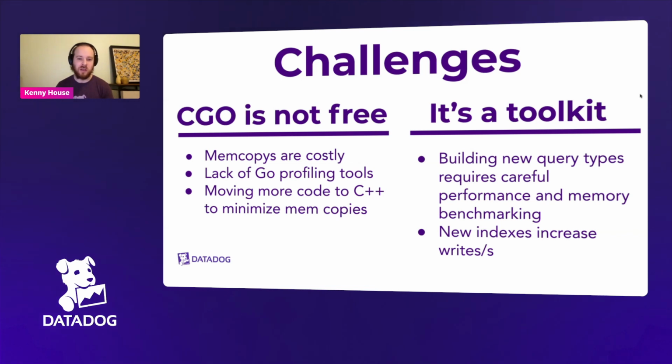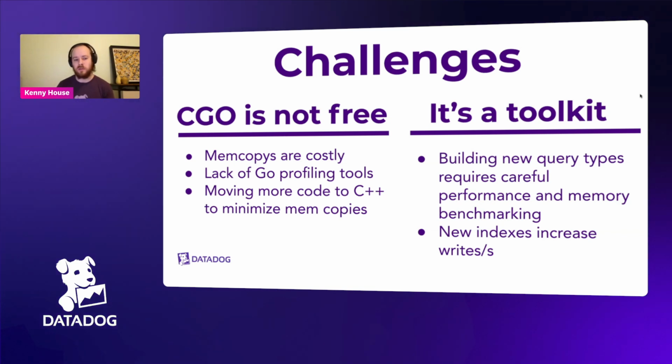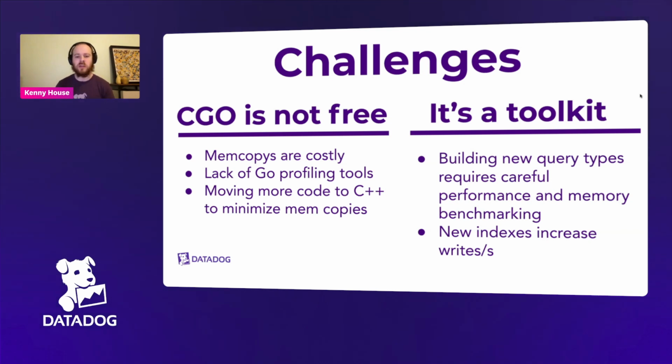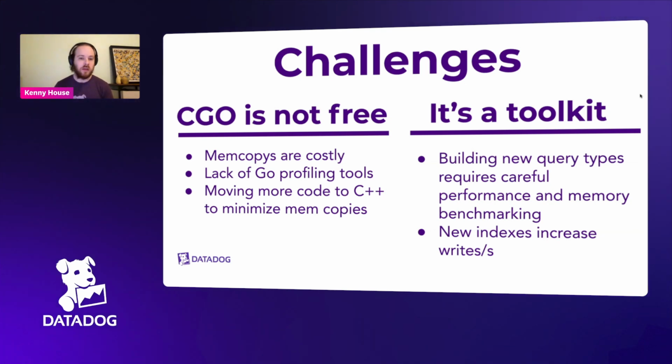The same code written, say, just in C++, or the same algorithm, might end up being efficient, but once you're crossing back and forth between the CGO boundary, you might have to rethink the way you structure your queries, how you batch things. All of these factors start to come into play. So building new query types is going to require a lot of careful work. You're going to need to tune it and benchmark it.